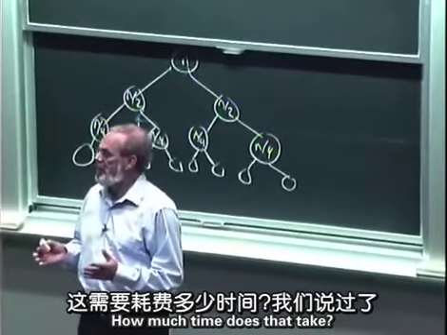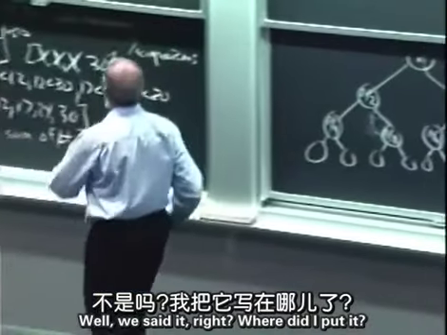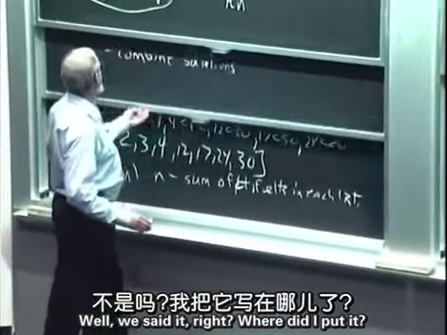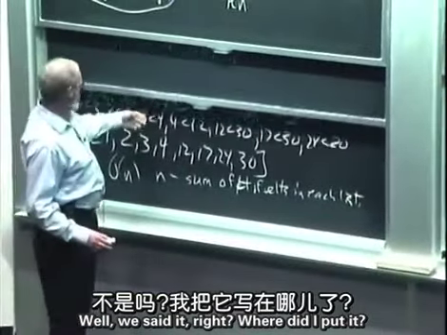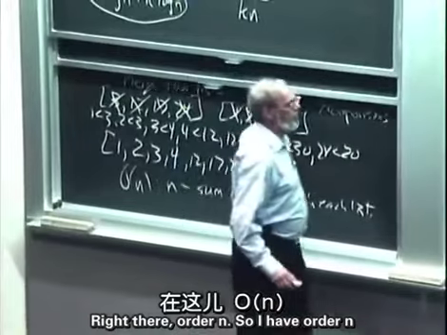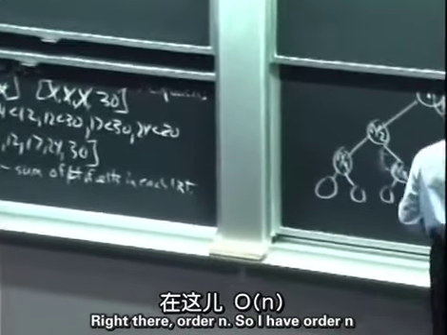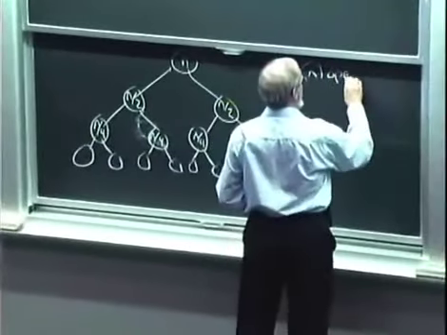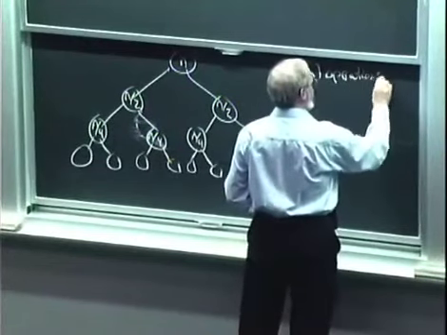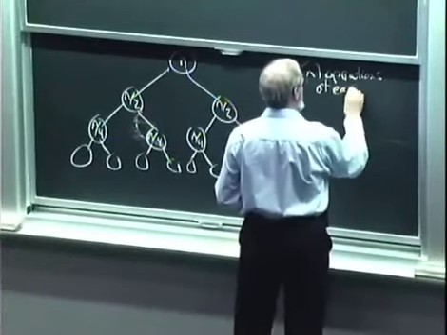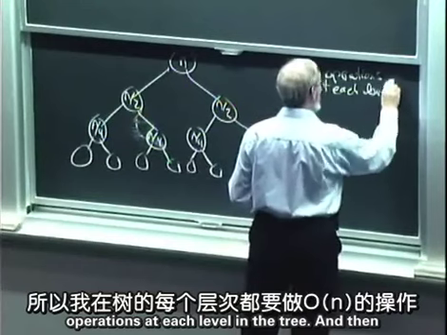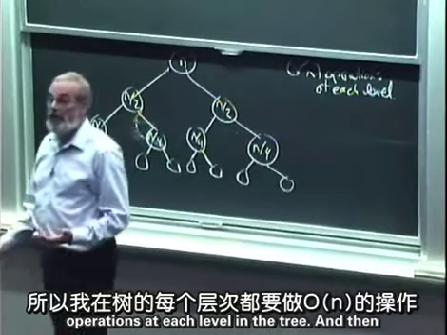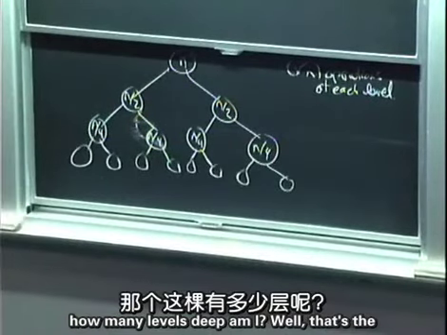How much time does that take? Well, we said it. Right there, order n. So I have order n operations at each level in the tree. And then how many levels deep am I? Well, that's the divide.